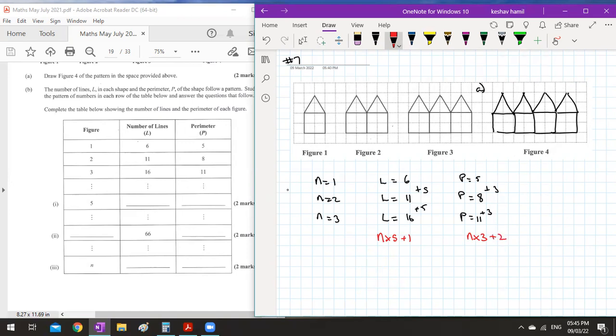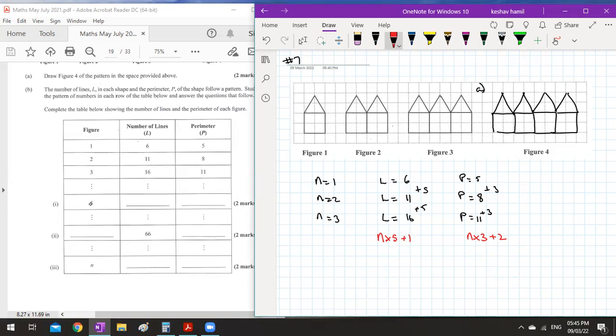So let's check and see. So when n is 2, 2 by 3 is 6, plus 2 is 8. So that's correct. What about when n is 3, or the third figure? So 3 by 3 is 9, plus 2 is 11. So that works. So basically we figure out the formula for that.